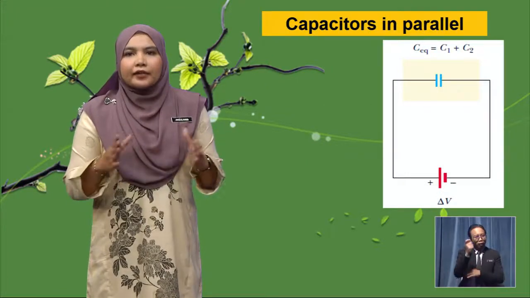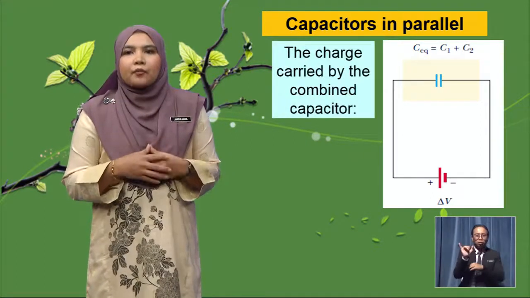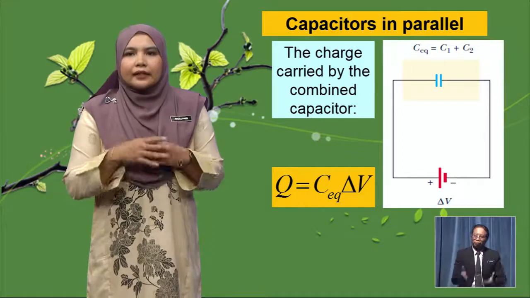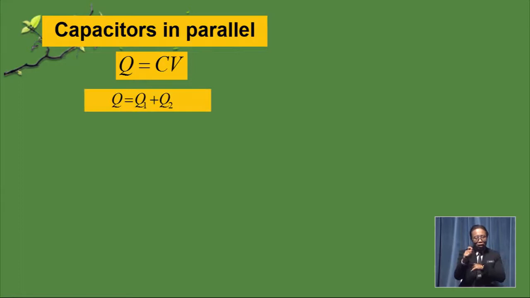Thus, the charge carried by the combined capacitor Q can be calculated by the formula of Q equals C equivalence times delta V. Since the charge stored on the capacitor Q is equal to the capacitance of the capacitor C times the potential difference across the capacitor plates V, and the total charge stored on the capacitor plates Q equals Q1 plus Q2.